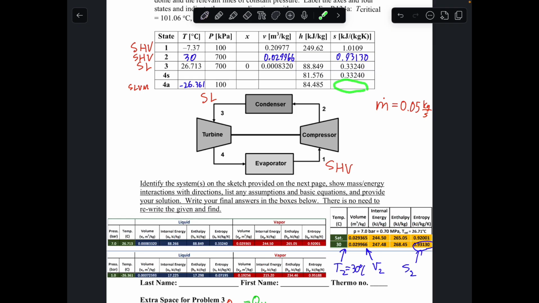And then we need to find the entropy. But we're in the SLVM region. We're somewhere in between liquid and vapor. We can tell because we have an enthalpy value here, 84.485, which is somewhere in between the enthalpy value for liquid and the enthalpy value for vapor. So we're somewhere in between, and we'll have some quality value here. So we need to find that quality value in order to be able to find the entropy value.